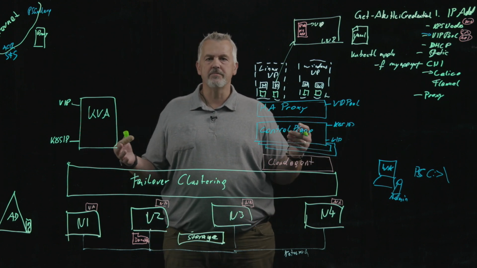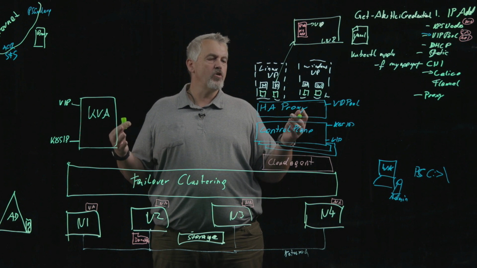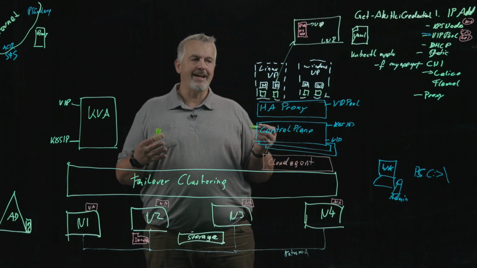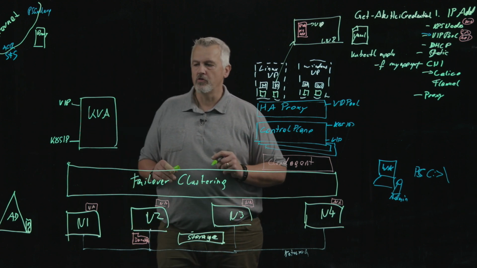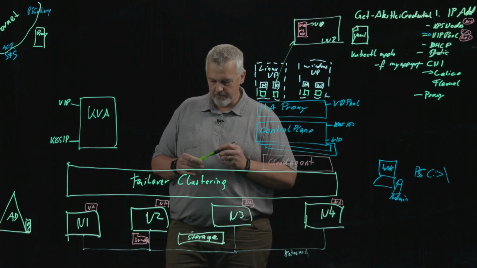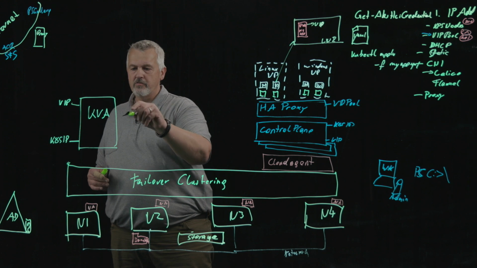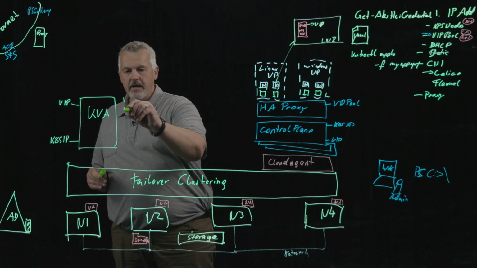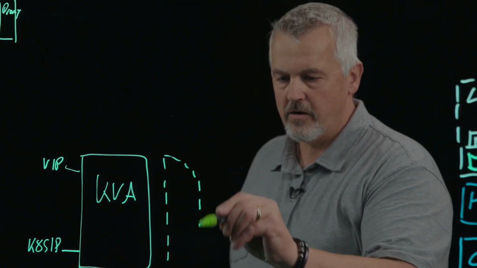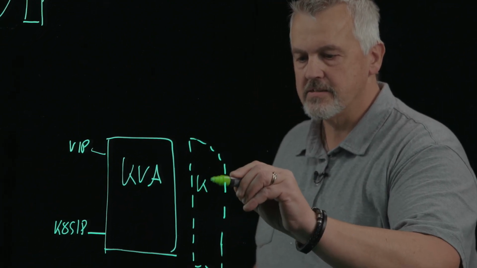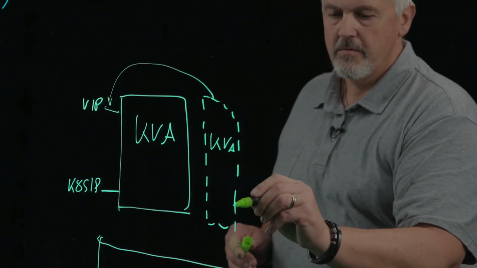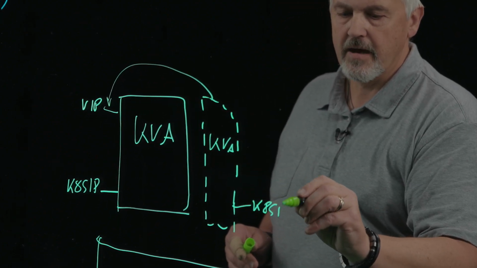AKS HCI ships updates roughly every month. And so once we do an update, those VMs will get replaced. So how will that happen? The first thing we're going to do is update the KVA. When your new version gets downloaded, it gets put in the download folder again. And so we create another KVA instance here, which is attached to the same VIP, but consumes its own K8s IP.